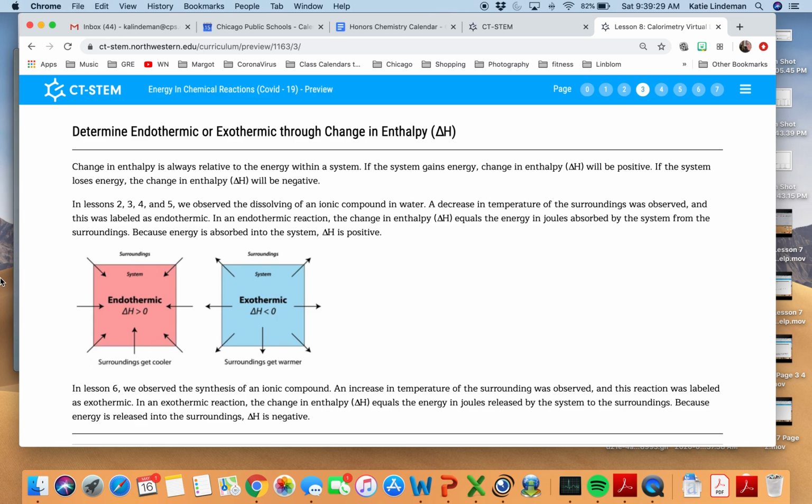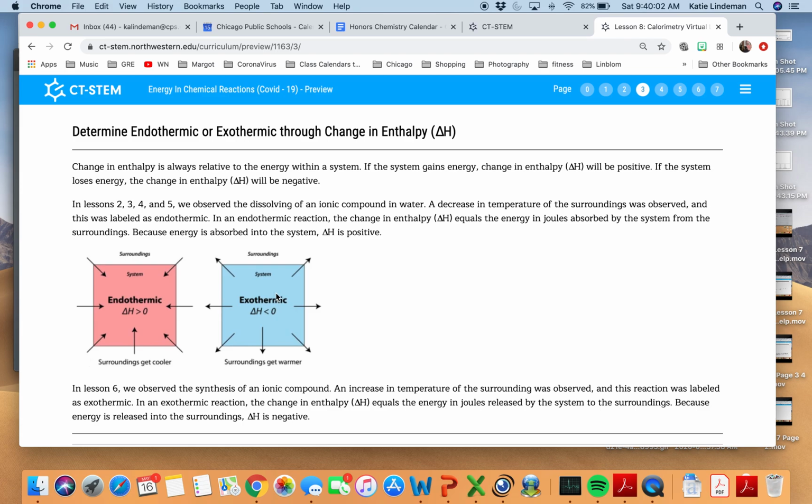So in an endothermic reaction, and this is in the pink down here, energy in joules is absorbed by the system from the surroundings. So we have here an endothermic process, where we have energy going from the surroundings, which are out here, into the system. So the system is gaining energy. Because the system is gaining energy in an endothermic reaction, delta H is going to be positive.